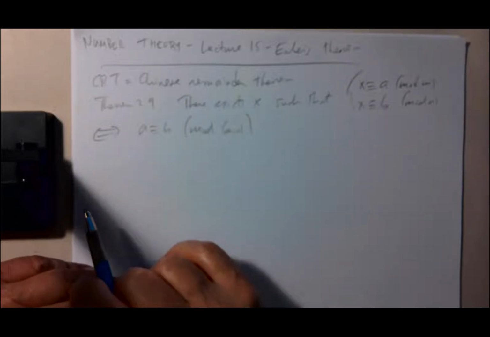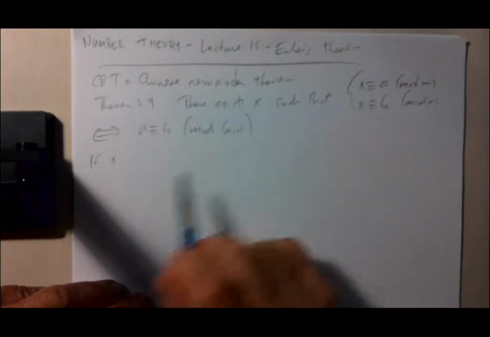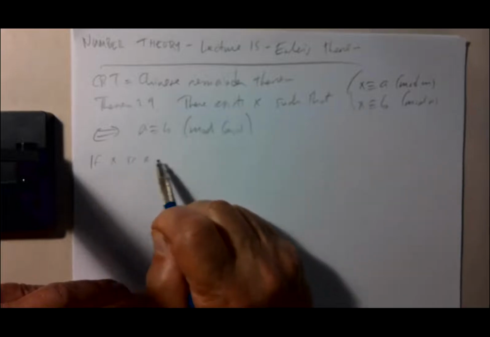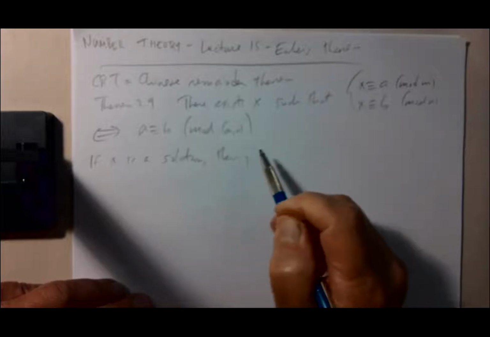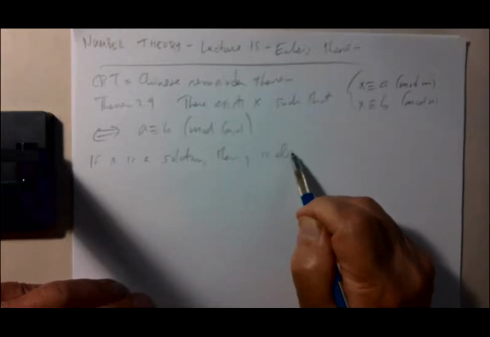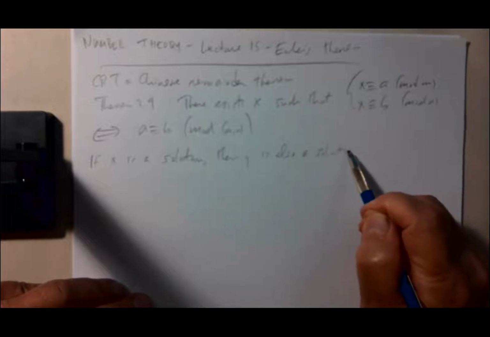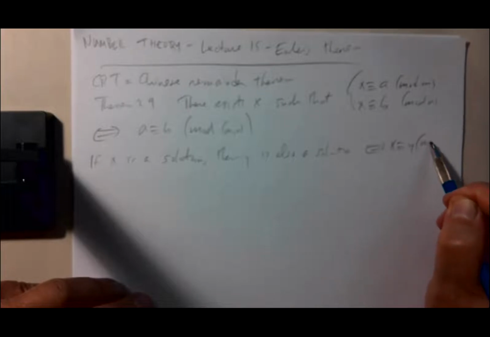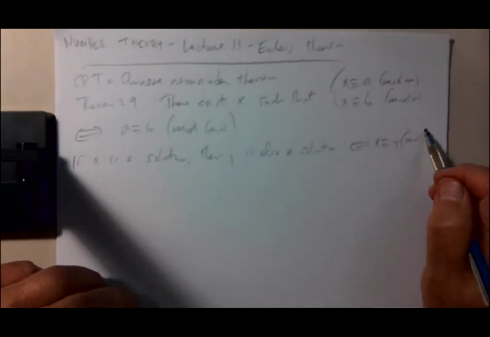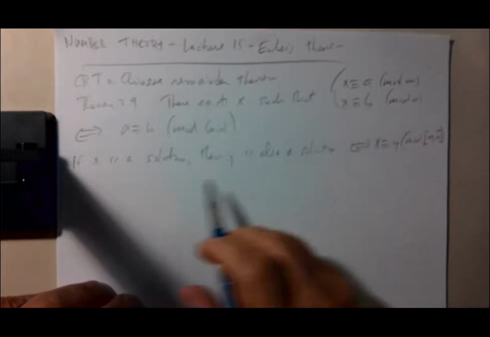And if this set of congruences has a solution, if x is a solution, then y is also a solution if and only if x is congruent to y modulo the least common multiple of m and n, right?